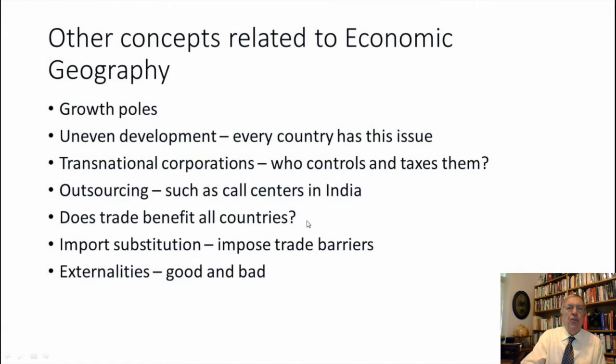But there's a whole issue, which I put here as a question mark: does trade benefit all countries? The basic principle of trade at the very basic level is, my country has coal, your country has bananas. Neither of us has the other's product, so obviously we'll work out a deal and trade.